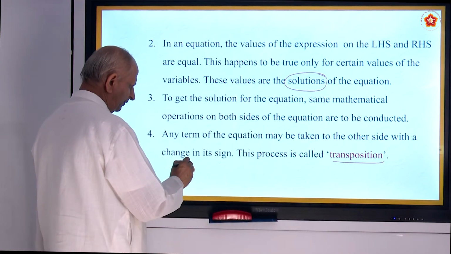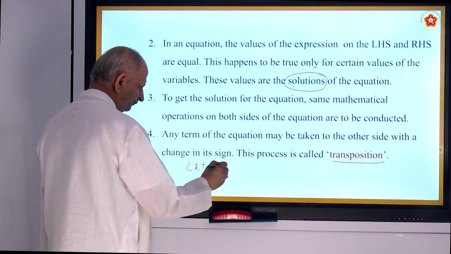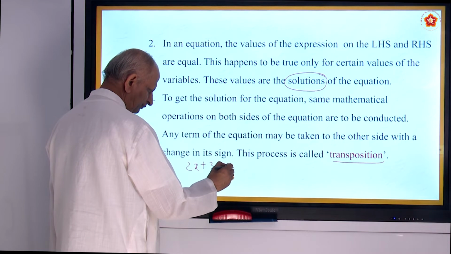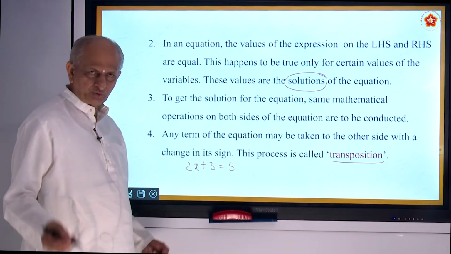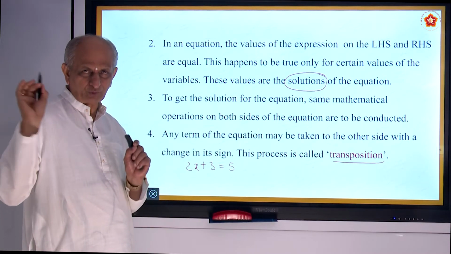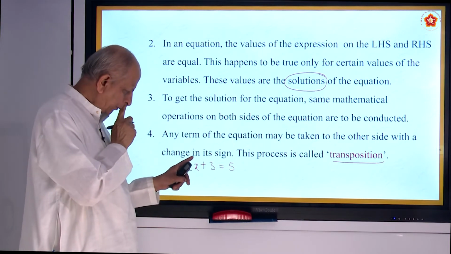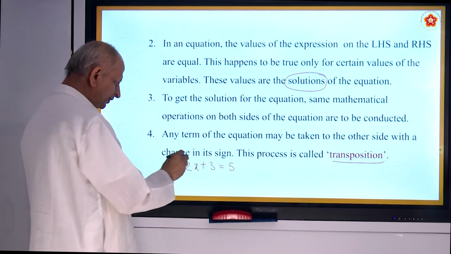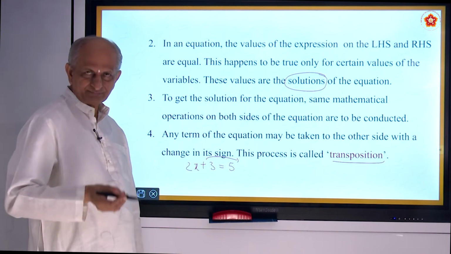So, for example, if we have an equation like this, 2x plus 3 is equal to say 5. Now, how to solve? What do you mean by solving an equation? Finding the value of the unknown. What is the unknown here? x. What is the degree here? 1. Now, how to solve it? This plus 3 should be transferred to the right side.